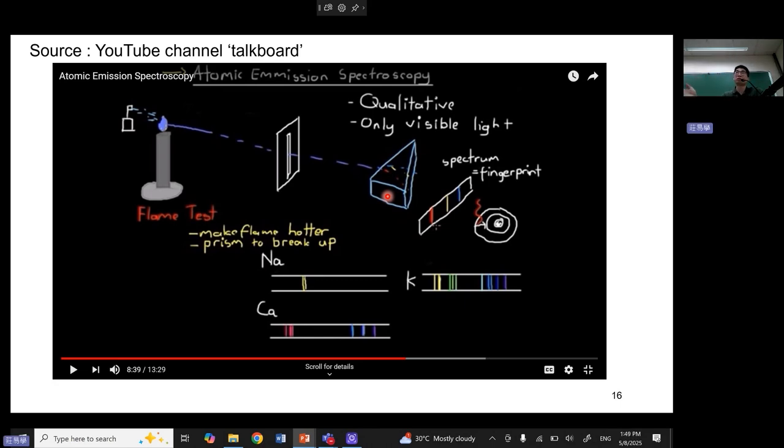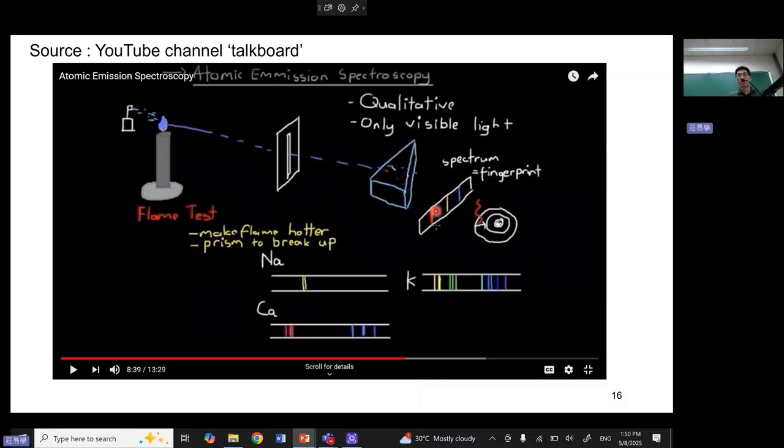Prism is 三棱镜. You can imagine that at the flame, as long as you control the temperature well, you can get either the ground state or the excited state. So in emission spectrometry, you want to get the maximum number of species in the excited state. Why? Because when they return to the ground state, they emit light. When the excited state's electrons return to the ground state, it emits light, and because everything is quantized, the emitted light only contains certain wavelengths, and the prism is used to separate this light.